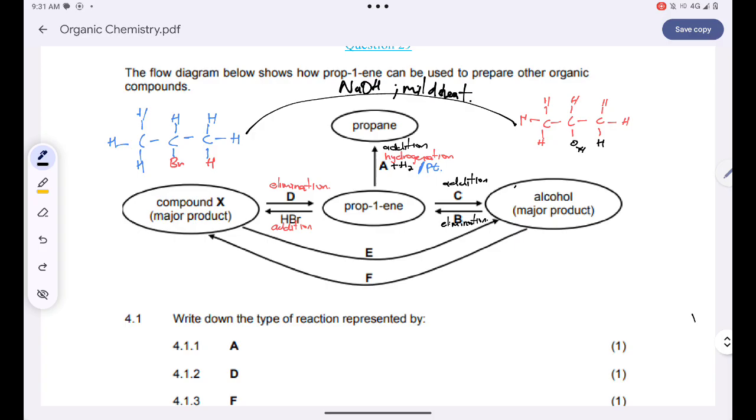The type of reaction is substitution, but it has a specific name, which is hydrolysis. But I can also move from here to there; it's just a substitution reaction.